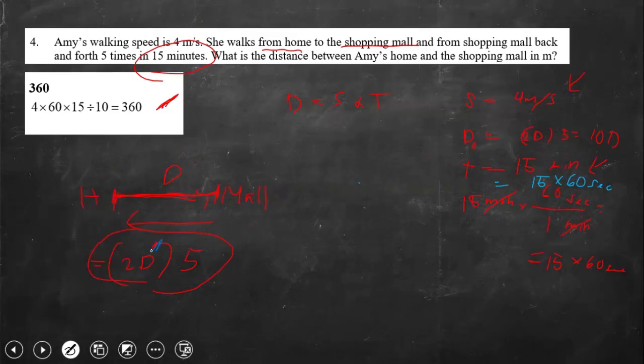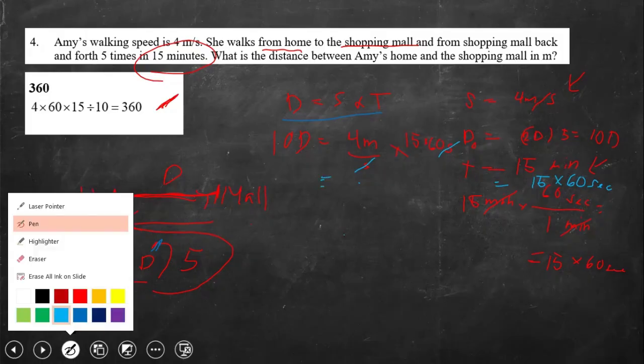So substituting into the formula, 10D is equal to speed 4 meters per second times time, which is 15 times 60 seconds. We can cancel the seconds and just compute for the distance.